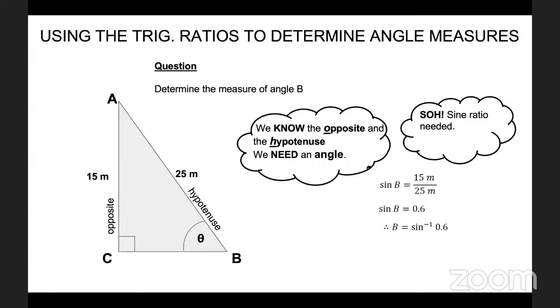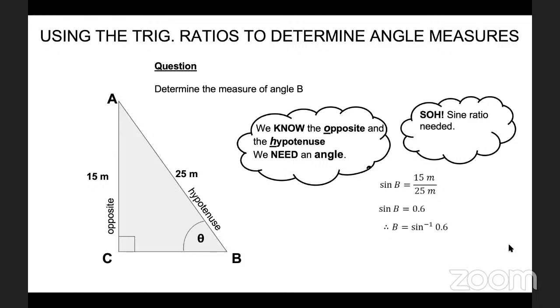If you check your calculator, it should be a second function. So it's 0.6 and your answer should be, just tell me in the chat. What did you get for the inverse?